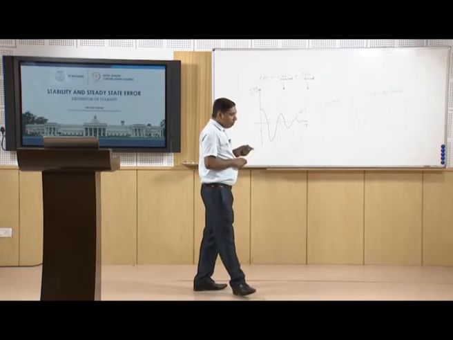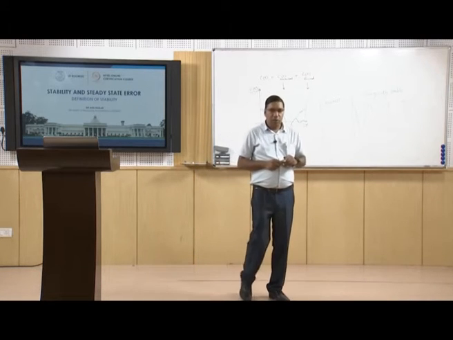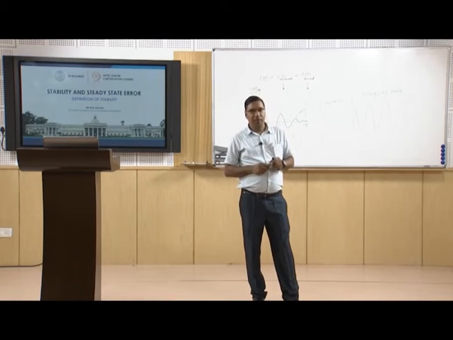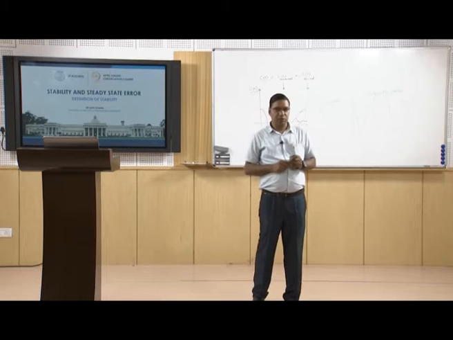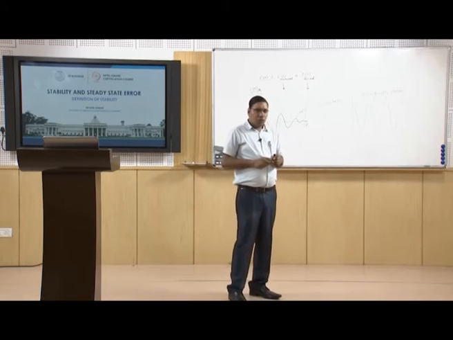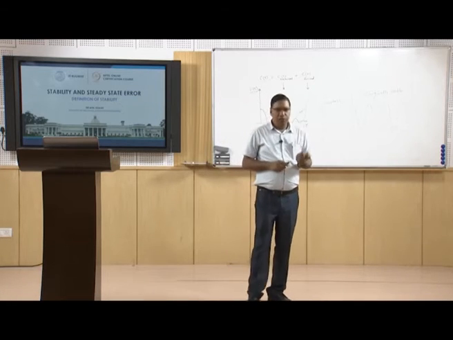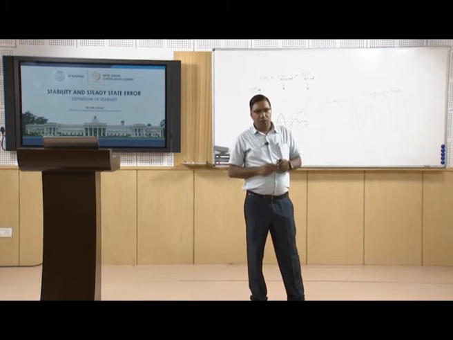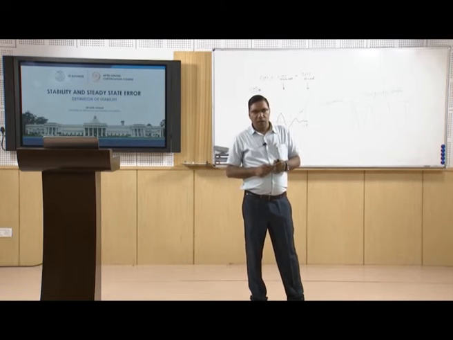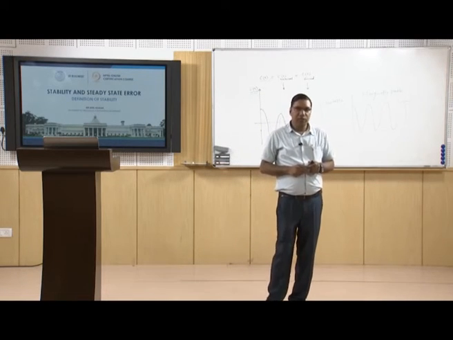When we give some bounded input and it gives an unbounded output, then the system is unstable. When we see the total response of a system, the transient part of the response grows without bound, and therefore it doesn't approach a steady state value.